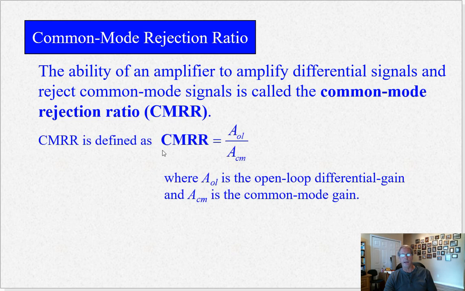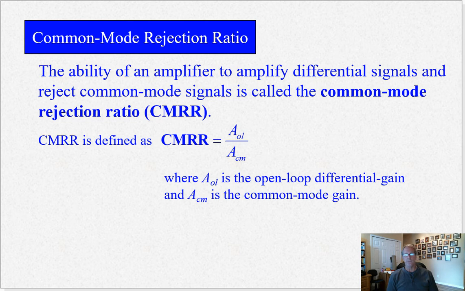And there's a formula for that, AOL over ACM. AOL is the open loop differential gain, and that's that 200,000 I was telling you about for a 741. Different parts have different numbers. Some of them are 100,000, some of them are 1,000,000. It depends on what you're using the op amp for.